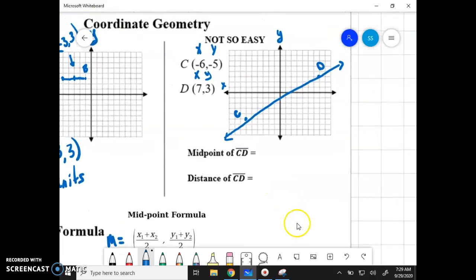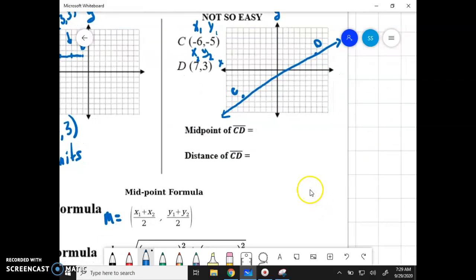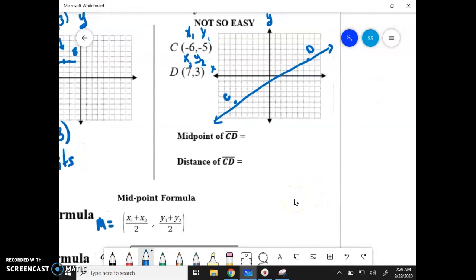I think it's always nice to label these. It doesn't matter a whole lot with midpoint, but it will with the distance formula. These are my first points, so I'll label them x1, y1, and these are my second points, x2, y2. Now I just follow the formula: x1 plus x2 is -6 plus 7 over 2, separated with a comma because these are just points.